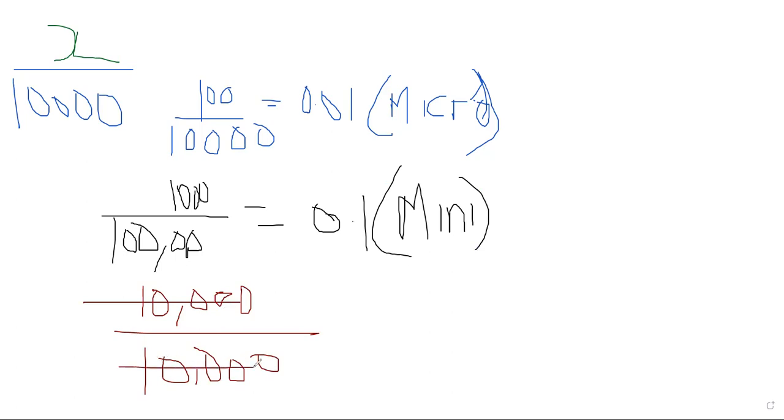That's 1. So this is a standard lot size. A standard lot size is a lot size that ranges from $10,000 upwards. If you have $30,000 in the forex market, you are trading with a standard lot size.